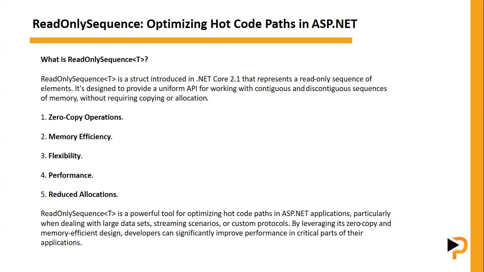Obviously you will observe that it reduces the allocations and handles the memory very efficiently. That example will demonstrate how efficiently ReadOnlySequence processes the large file upload, and the Pipe API allows for streaming processing without loading the entire file into memory.